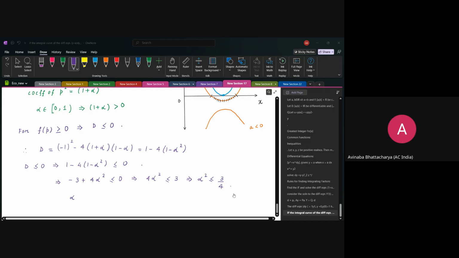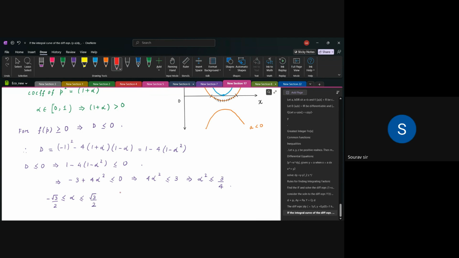Plus minus root 3 by 2. Only plus minus root 3 by 2, or the range between that, from minus root 3 by 2 to plus root 3 by 2. So it's an inequality, right? Correct, correct.